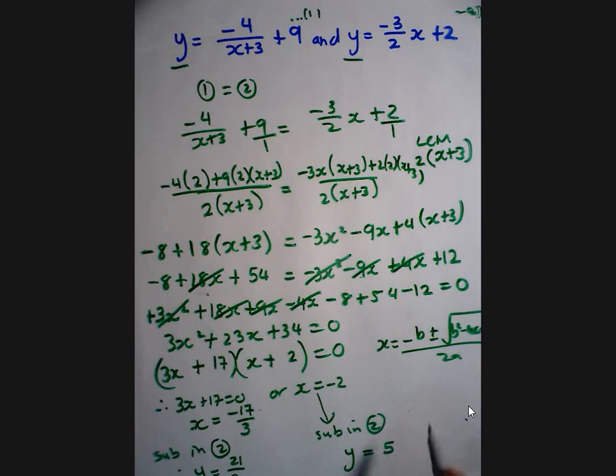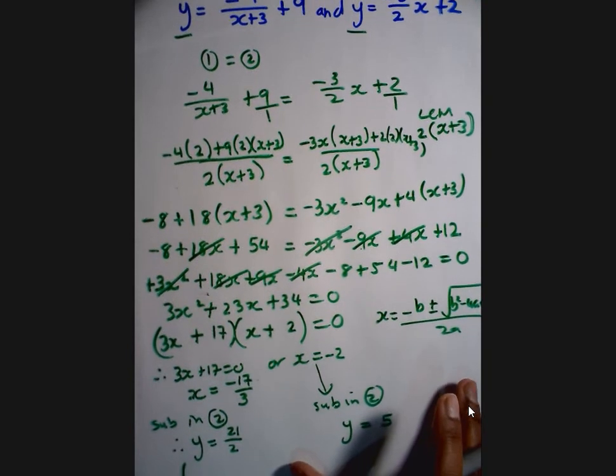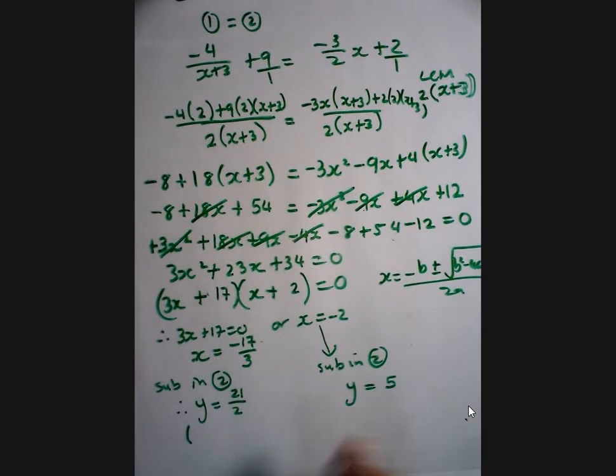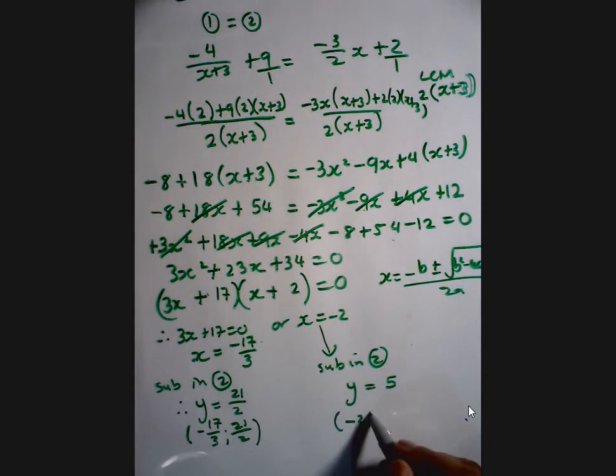So what are my coordinate pairs? Remember, coordinate pairs are very important to write out like that. My coordinate pair is minus 17 over 3 and 21 over 2. And here I'm going to get minus 2 and 5. Capish? Is it easy? I think so too.